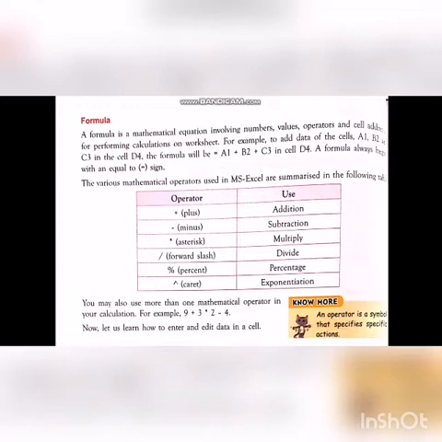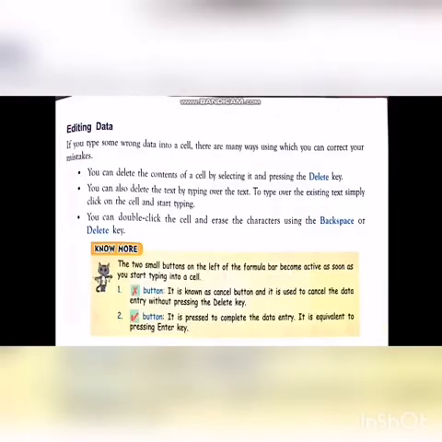Next, for the division, forward slash, and for the percentage symbol, and exponentiation, this up arrow symbol. For example, 9 plus 3 into 2 minus 4 given, this is the formula. Like this formula, you can type some other calculations also in MS Excel sheet for your calculation.